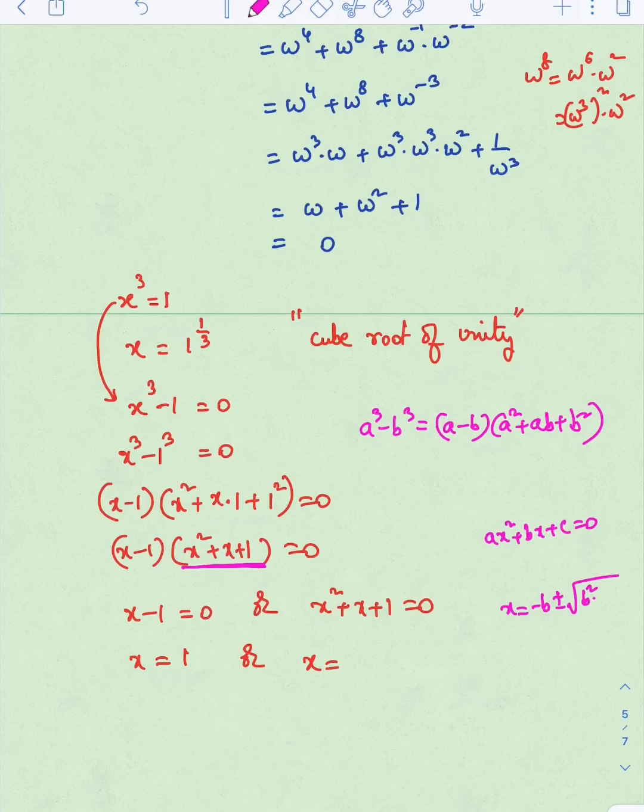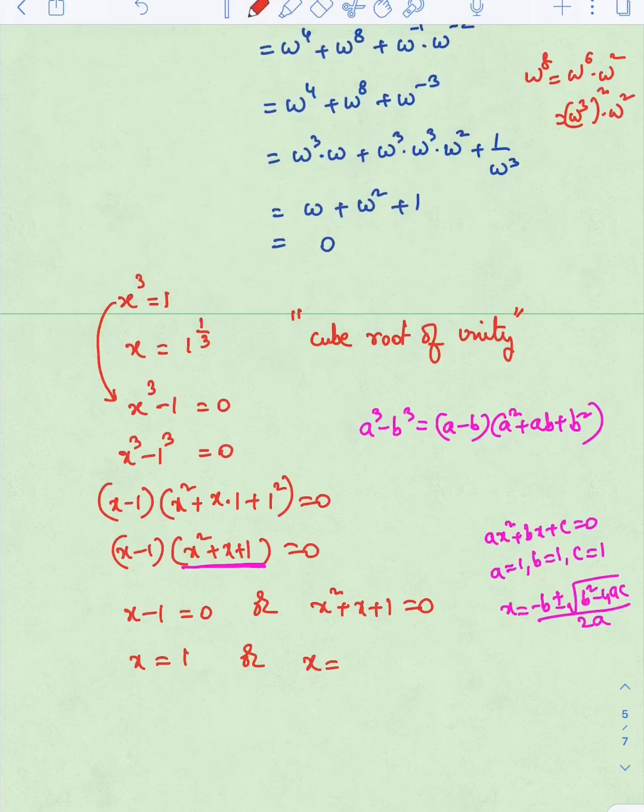X is equal to minus b plus or minus square root of b square minus 4ac by 2a. Now coming to our question, what is a, what is b, what is c? You can see all these here. A is 1, b is also 1, c is also 1. Put these values in it.